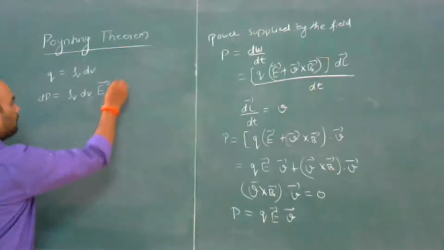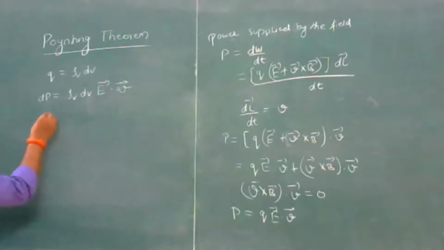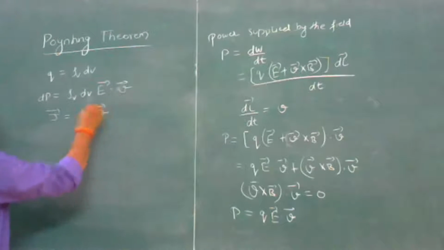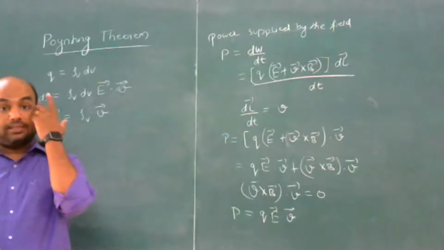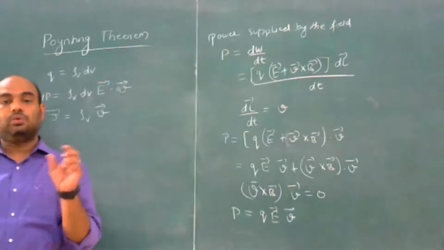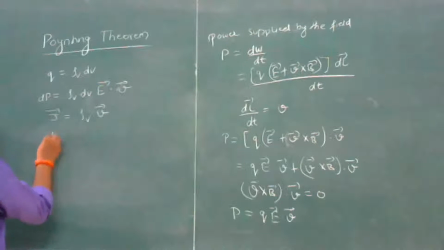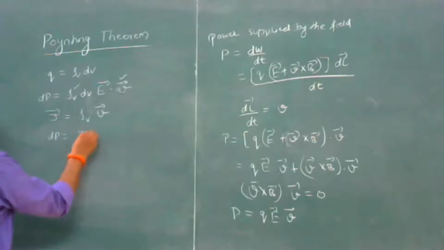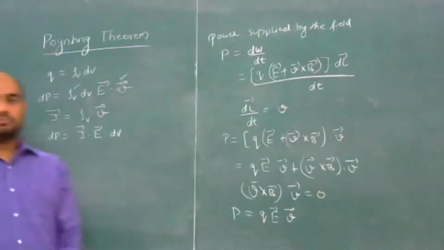And you also know that the current density vector J is equal to rho v times velocity v. So rho v and v can be written as J, giving J dot E times dv.